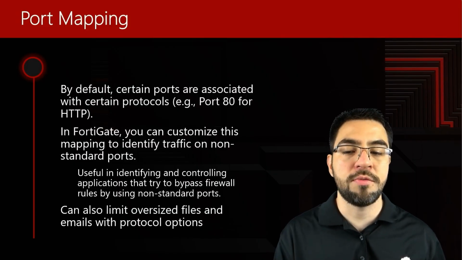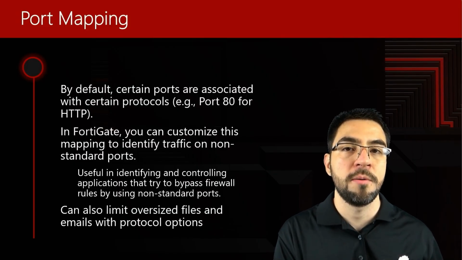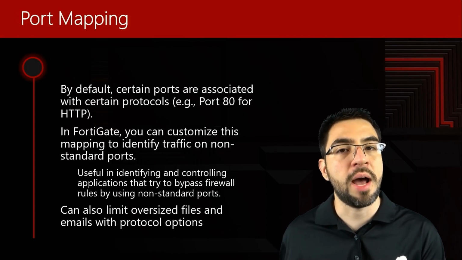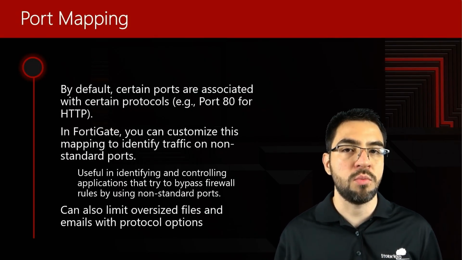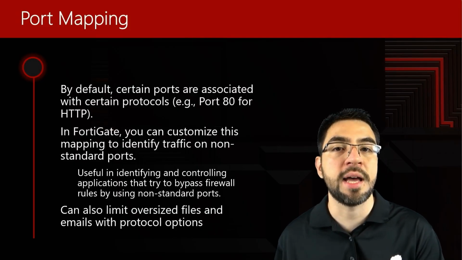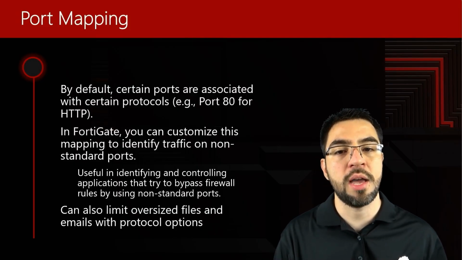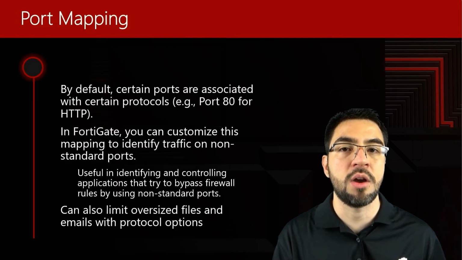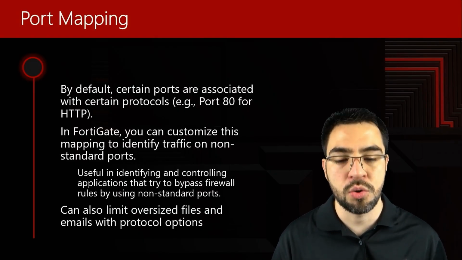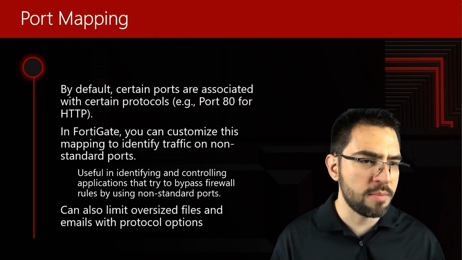So how is the firewall going to know that 8080 is not just a random TCP port, but actually something we are using within our organization as web traffic? We need to define that so the firewall can identify that traffic correctly and again apply the correct policies to that. And I'll show that in a minute.